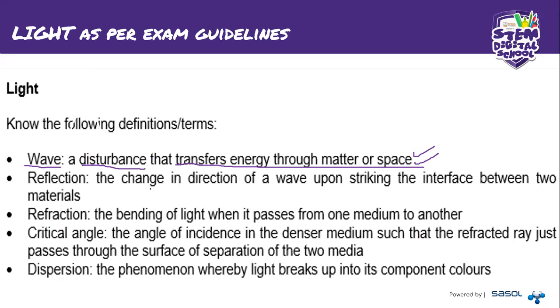Then we have the definition of reflection. We say reflection is the change in direction of a wave. And this change in direction of a wave happens when the light ray strikes the interface between 2 materials.